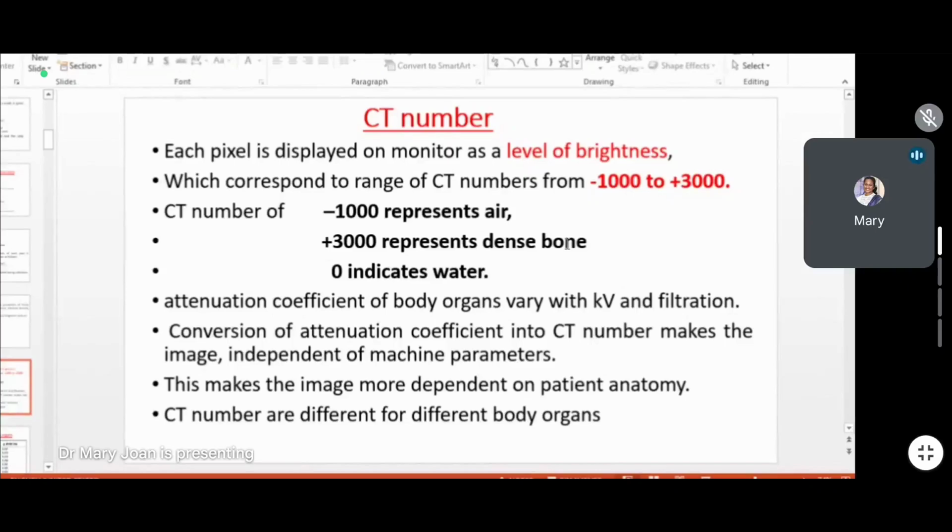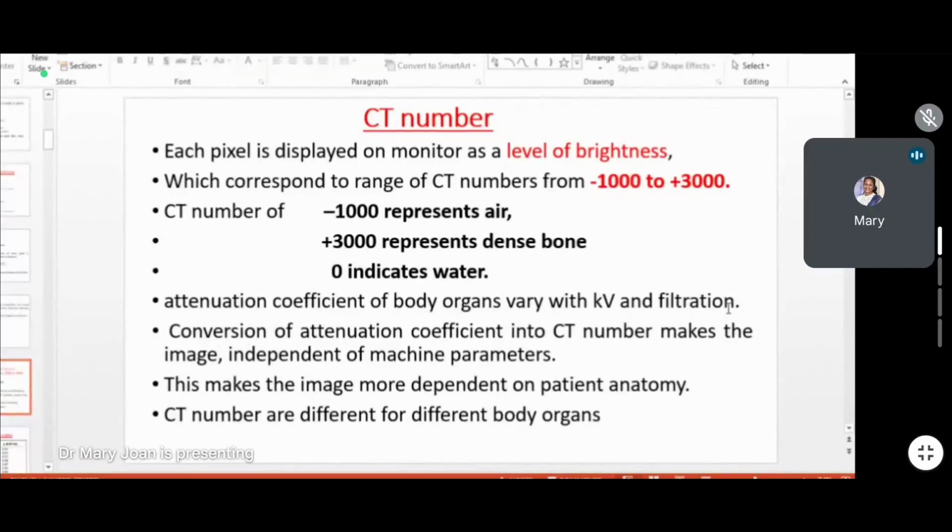Depending on harder bones and so on, we can assign higher values of CT numbers. -1000 represents air, 0 indicates water, and 3000 represents dense bone. Whatever the measured mu of water is set as 0, and with respect to that we set the lesser mu and higher mu.